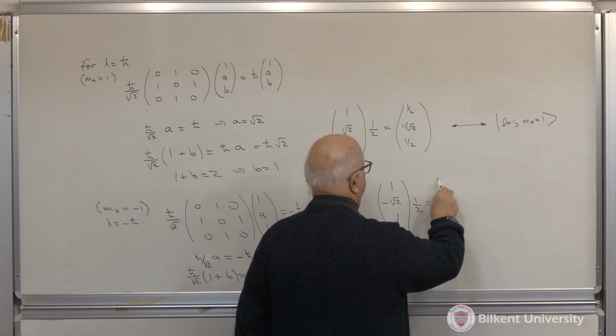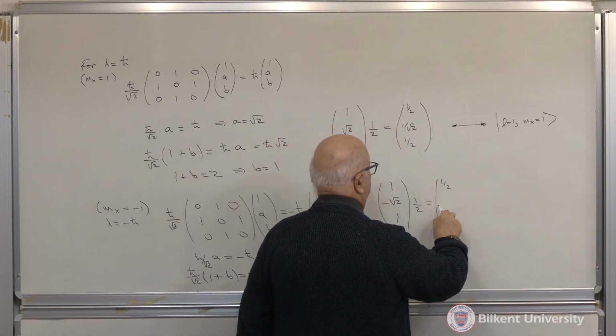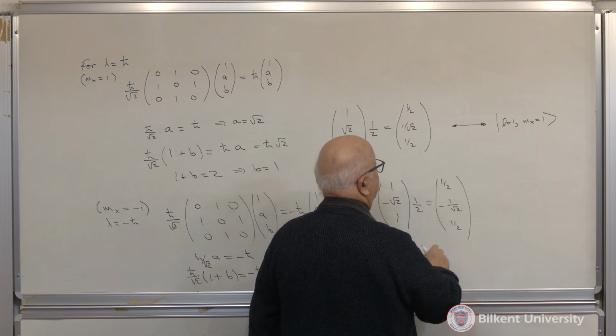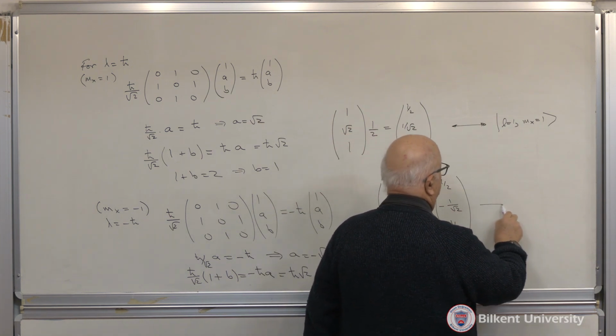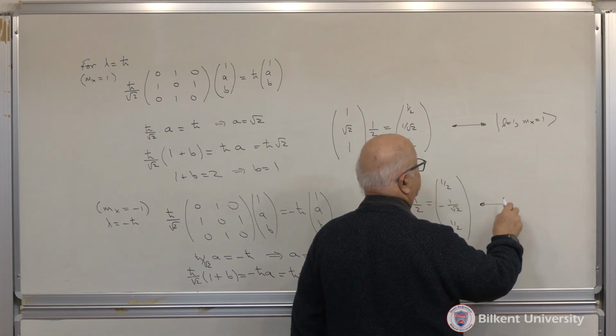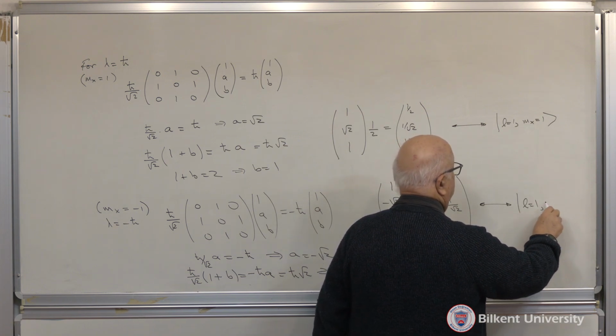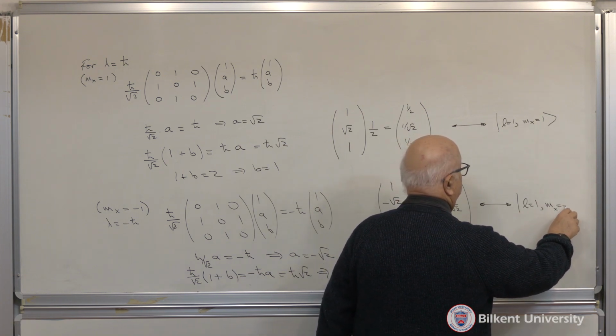So I end up with 1 over 2, minus 1 over square root of 2, and plus 1 over 2. Now this is associated with L equal to 1, but mx equal to minus 1.